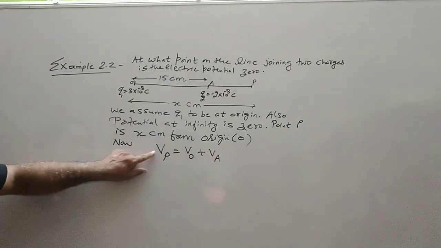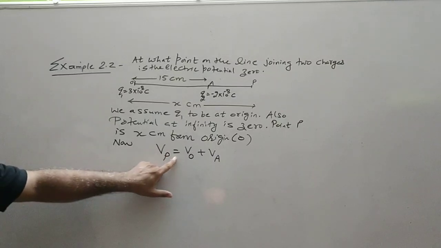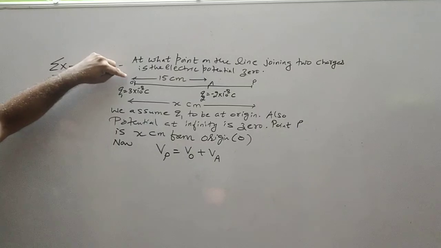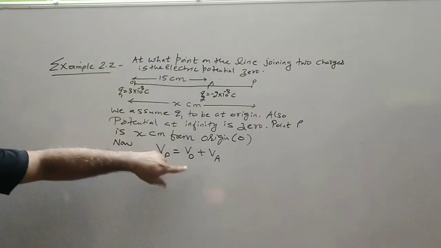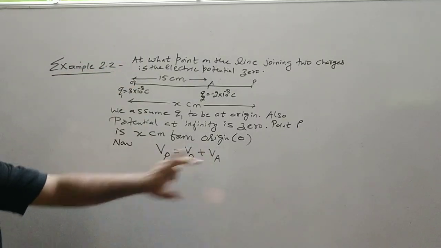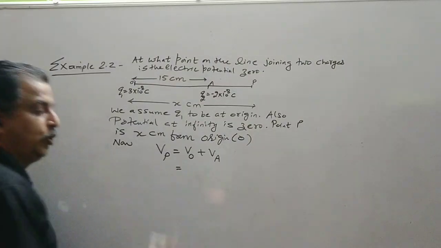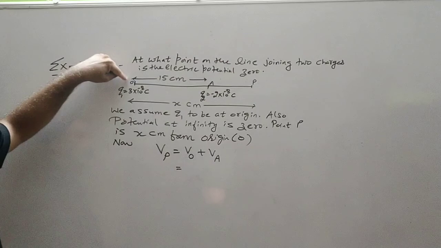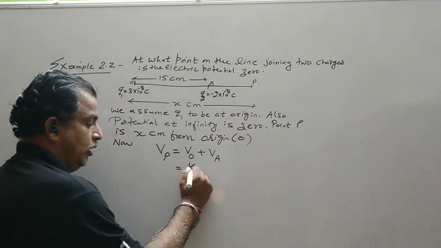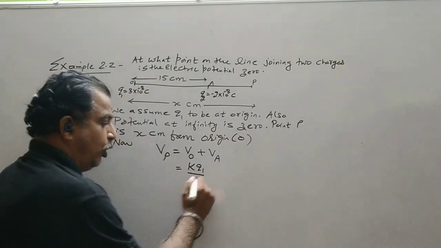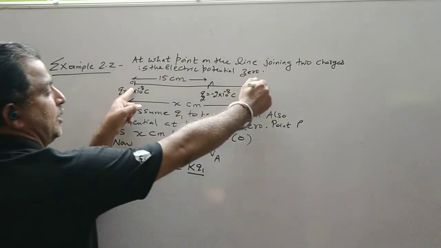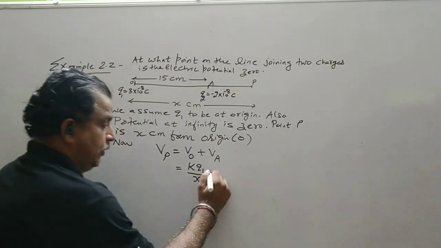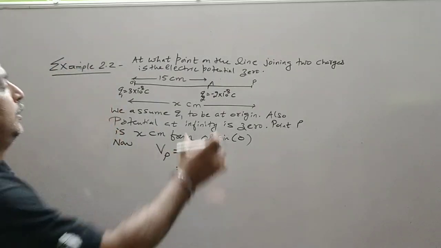So potential at point P is equal to potential at P due to the charge at origin, Q1, that is K Q1 upon distance between test and source, that is x, plus potential due to Q2 at this distance.